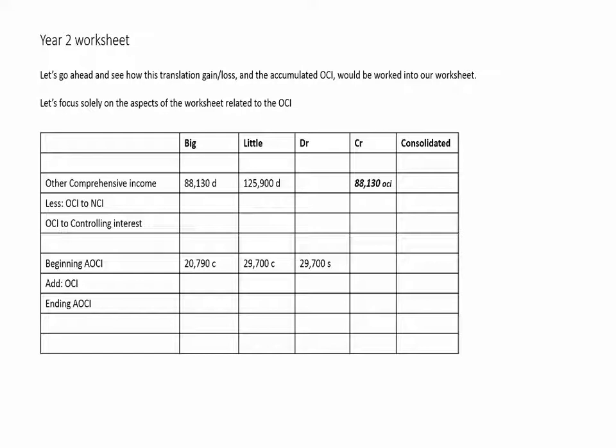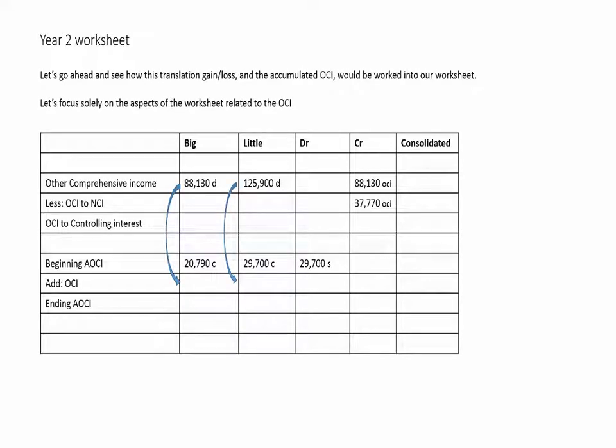In the OCI entry, we did two things. We took away the parent's other comprehensive income, and again, the other comprehensive income is a debit in this case, so we're going to credit it to get rid of it. And we also credited $37,700 to the other comprehensive income to the non-controlling interest.